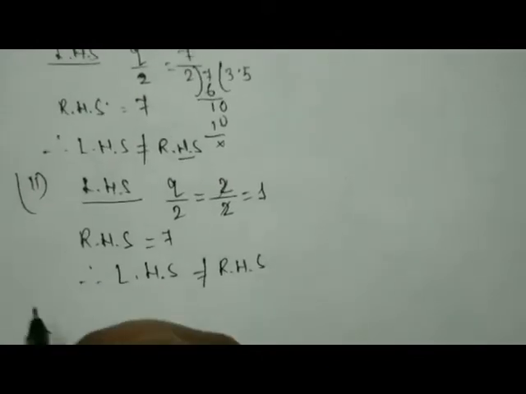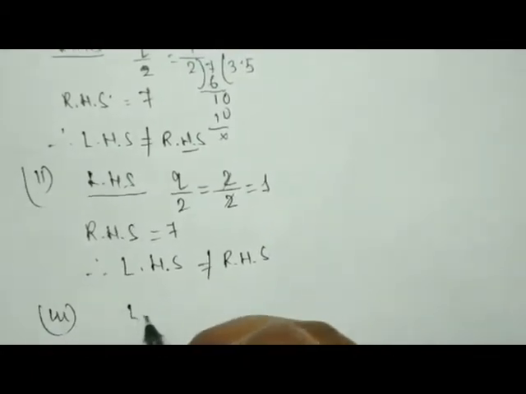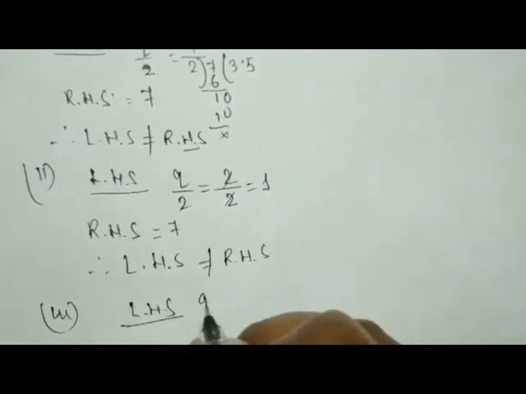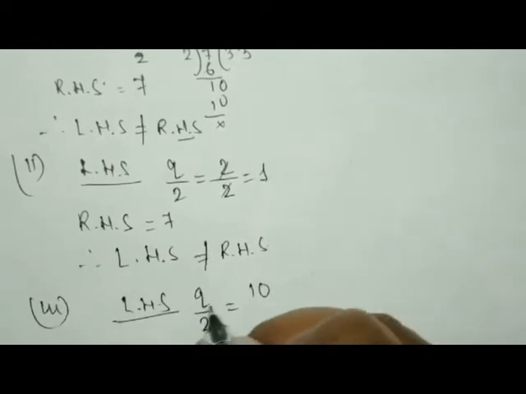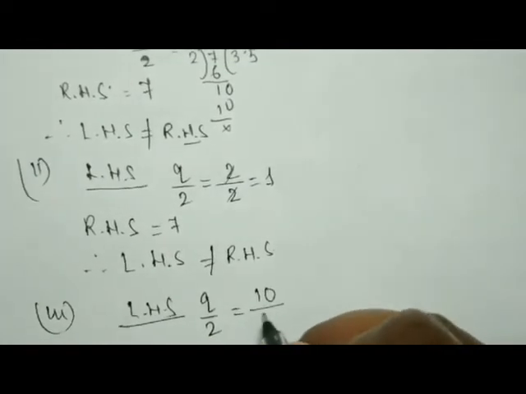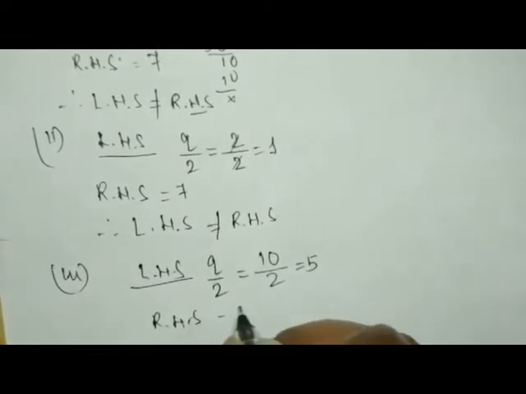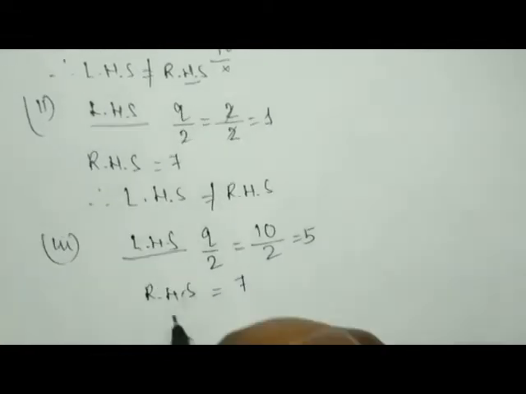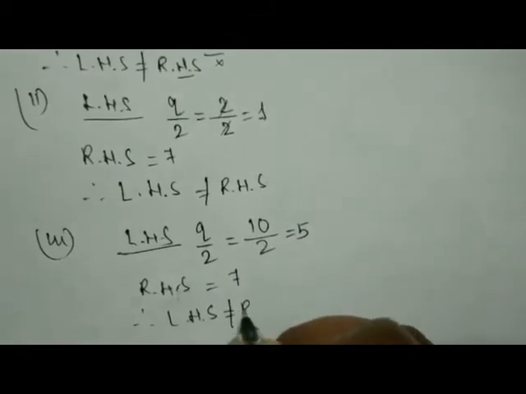And in the third option we have 10. So q by 2 again on the left hand side, and in place of q we'll put 10. So 10 by 2 is 5, and on the right hand side we have 7. So that means it doesn't satisfy the given equation, because left hand side is not equal to right hand side.